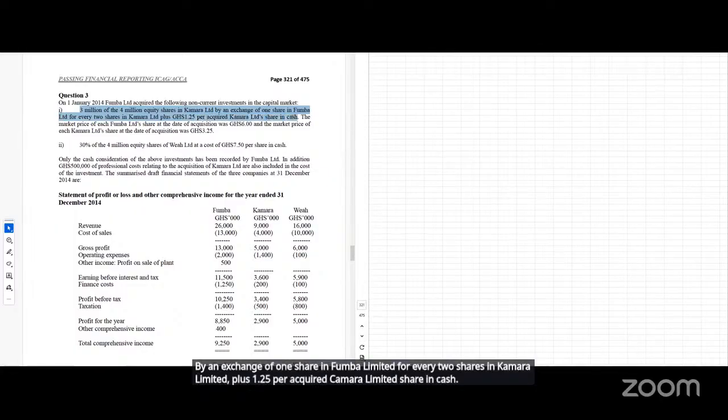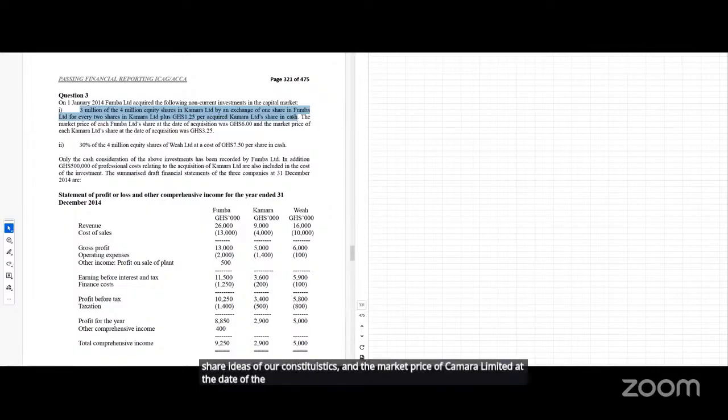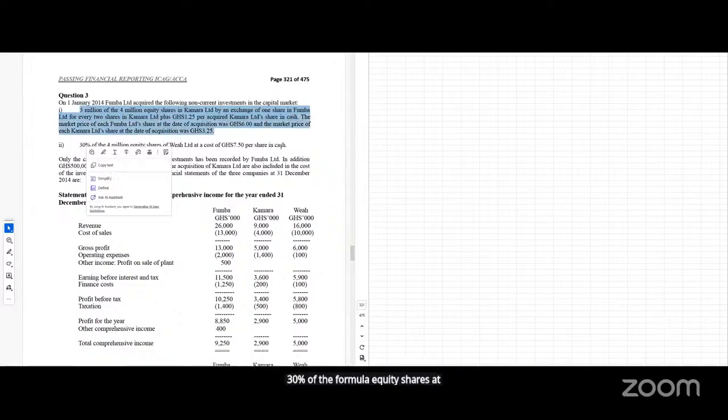The market price of each Fumba Limited share at the date of acquisition was 6, and the market price of Kamara Limited at the date of acquisition was 3.25. 30% of the 4 million equity shares at the cost of this per share in cash.